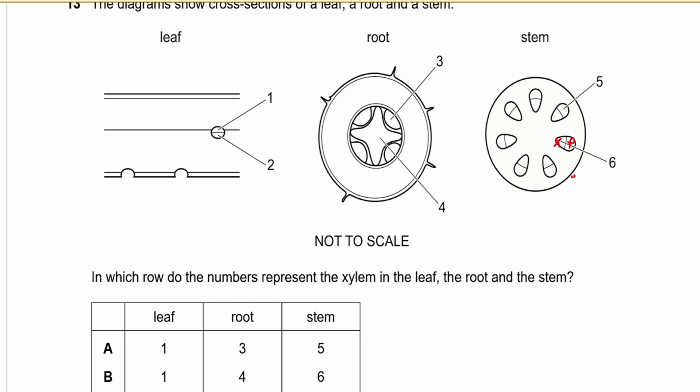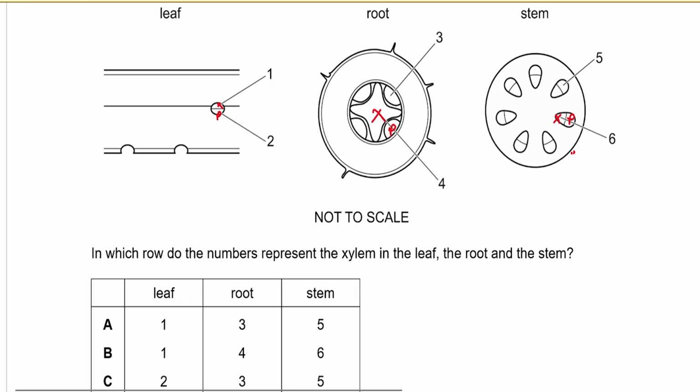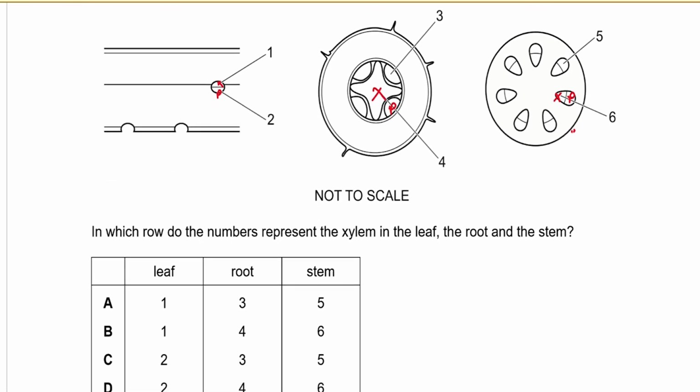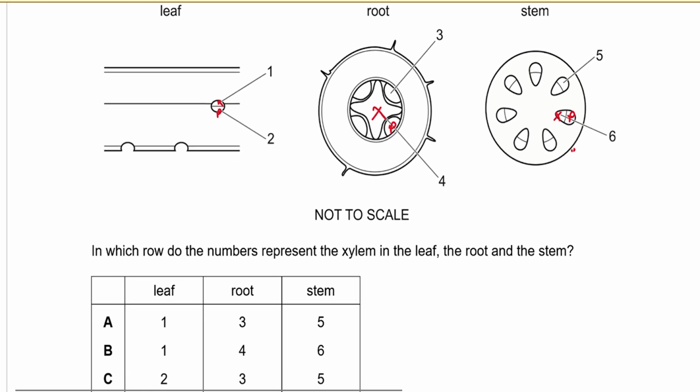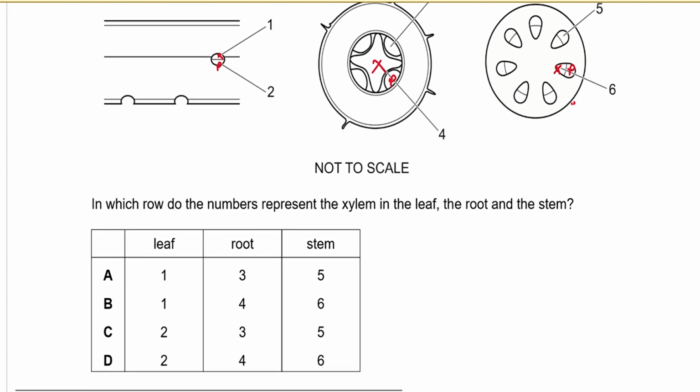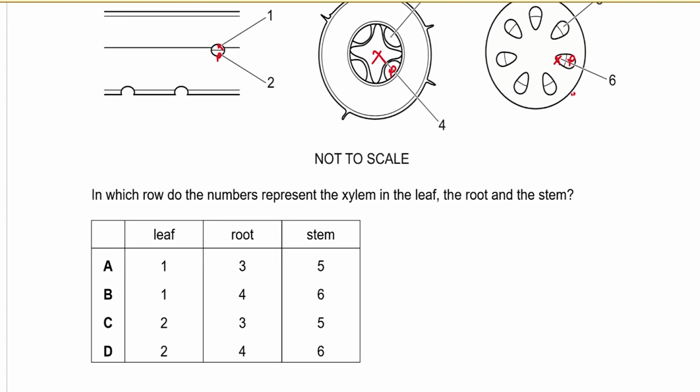When you go to the root, the outer part is the phloem, the inner part is xylem. And when you come to the leaf also, the outer part is phloem and the inner part is xylem. So for the leaf, it has to be 1. For the root, it has to be 4. And for the stem, it has to be 6. That is B, 1, 4, 6. So our answer here will be B.